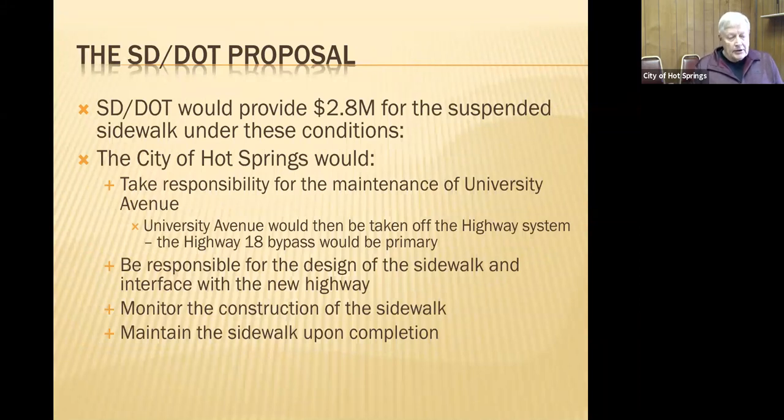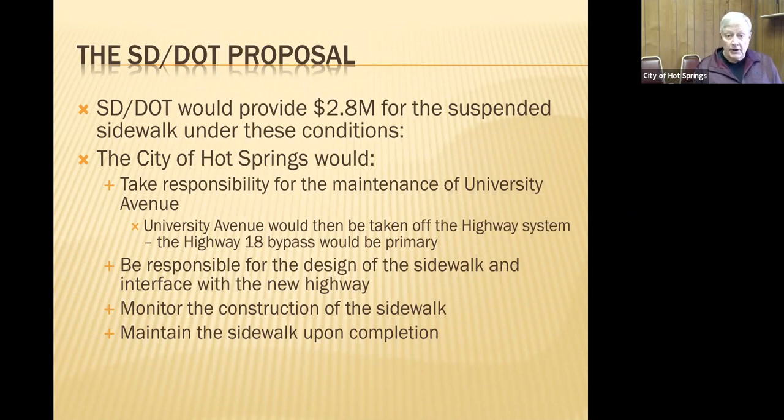So DOT came back and said, we'll provide you with the $2.8 million under these conditions: that we as a city would then take responsibility for all of the maintenance of University Avenue. University Avenue is US Highway 18 through that part of town.